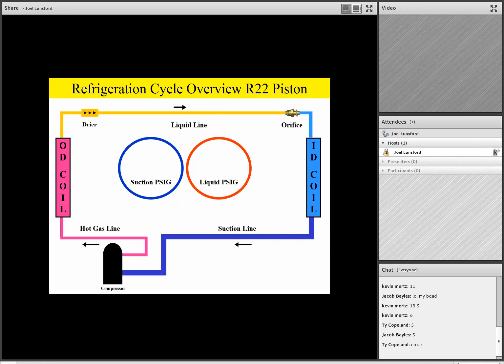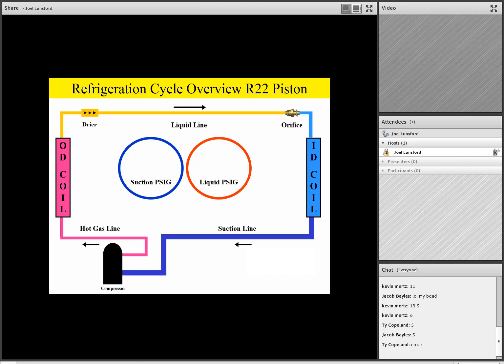Now, in the lower left-hand corner of the screen, starting at the compressor, you'll notice we have a hot gas line from the compressor. You'll also notice arrows throughout the refrigeration circuit indicating the direction of refrigerant flow. So from the compressor, we have a hot gas line going to the outdoor coil, where the hot gas is condensed into a liquid. It then passes through a filter dryer and down a liquid line.